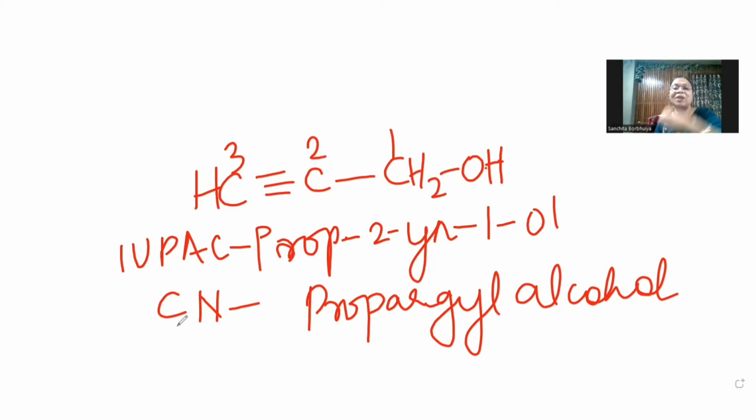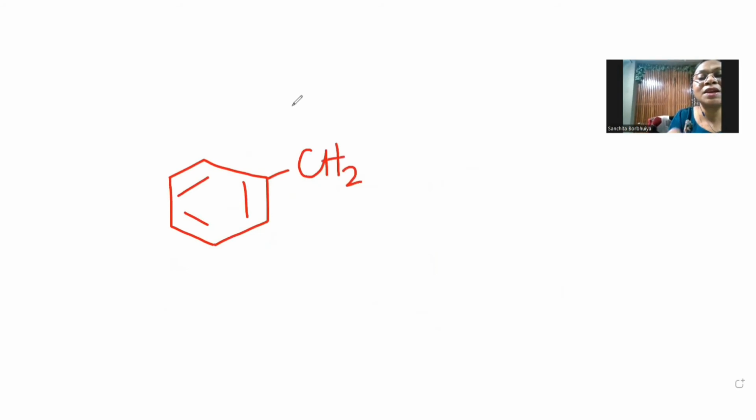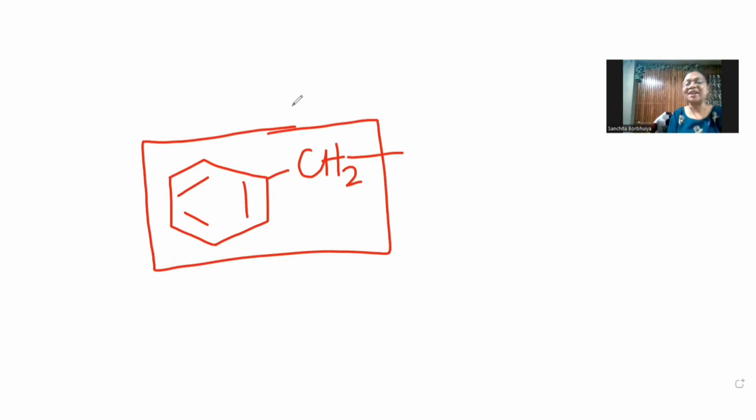So moving on from double bonded and triple bonded alcohols to benzene related alcohols. The first compound which I would like to discuss is this. I hope you still recollect from my previous episodes that this is the benzyl group, benzyl.